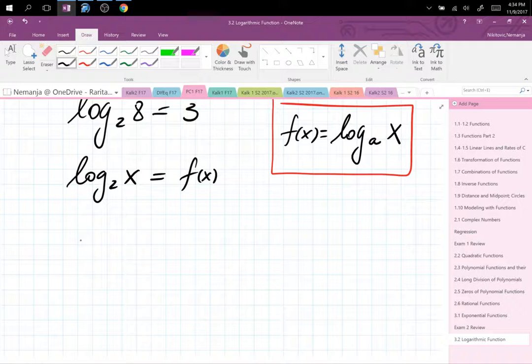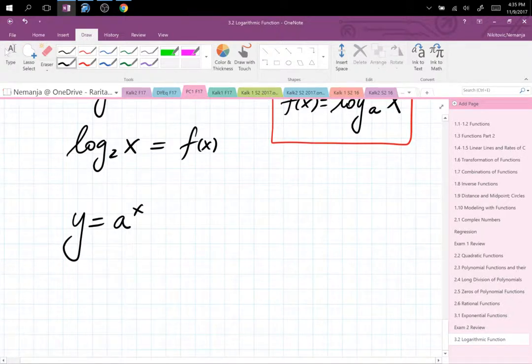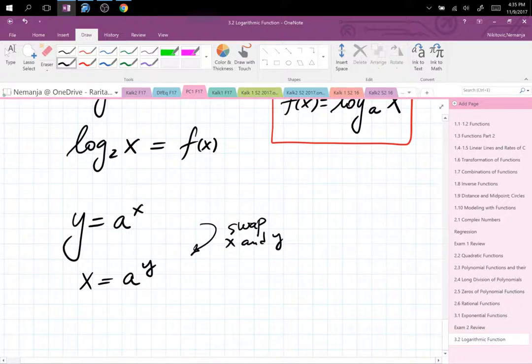You see, if you write y equals e to the x, let's go with any base, a to the x. And you swap domain and range, which is what you learned in chapter 1, that to get the inverse, you swap x and y.